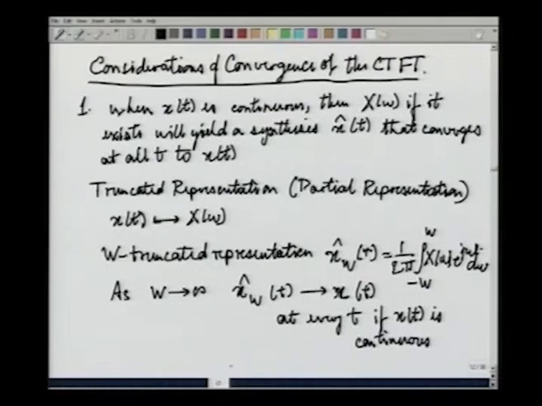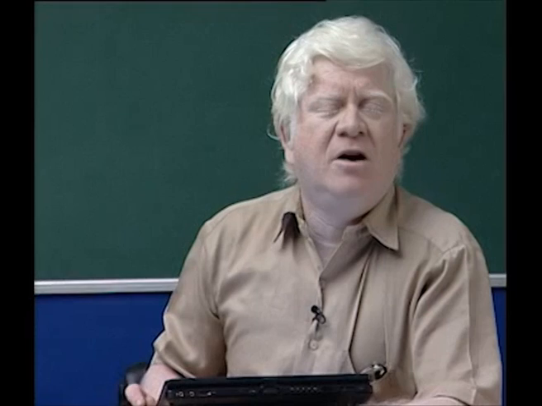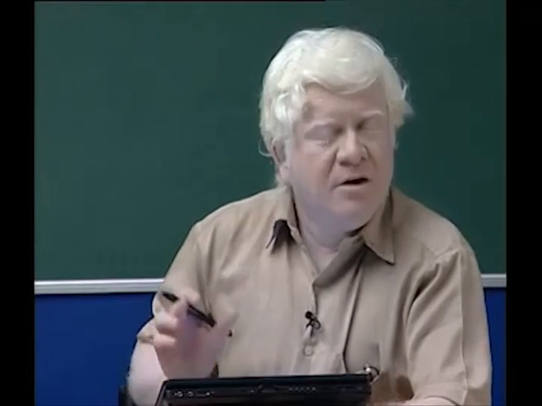Now, let us look at other criteria for convergence. The second criterion for convergence considers functions which are possibly not continuous for all t, which could have discontinuities and other such issues, but which satisfy the property of square integrability over t equal to minus infinity to infinity.